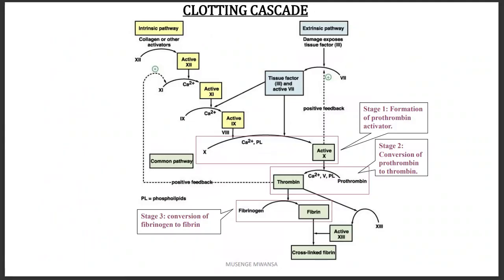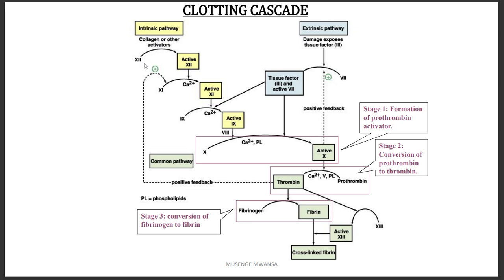So we talked about these two pathways. We have the intrinsic and the extrinsic, and those are connected by the common pathway. So how does that happen? For the intrinsic pathway, you have collagen or other substances in the blood vessels.